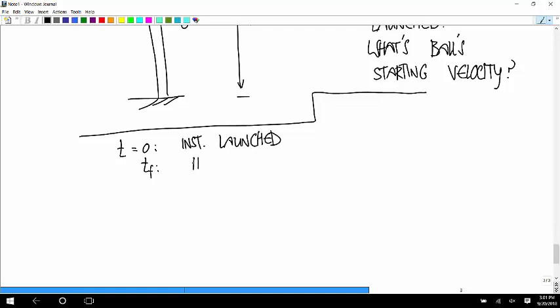Time final is when it hits the ground. I'm making these choices about how to orient everything. Position equals 0, I'm going to put on the ground. Positive direction up.